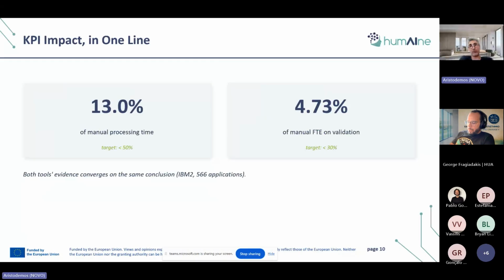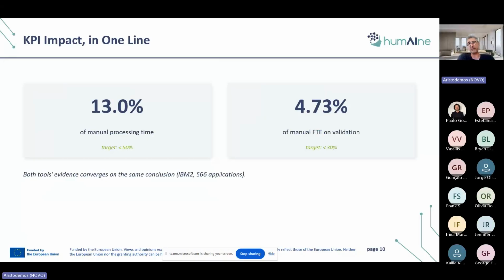And what have we achieved at the end of the day? While we targeted a manual processing time that is less than half the initial one, we ended up with just 13% of the initial one. And while we targeted a full-time equivalent for the validation step to be less than 30% of what we had without any AI model, we are less than 5% now.